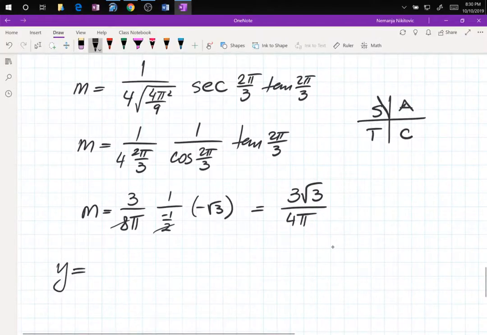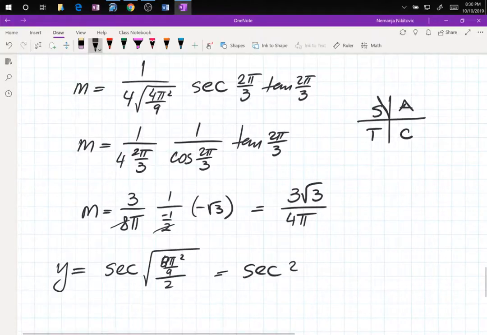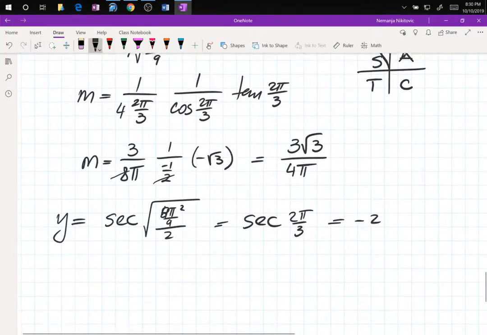So y is equal to the secant of the square root of 4 pi squared over 9 over 2, which gives us the secant of 2 pi over 3, and we already know that secant of 2 pi over 3 is equal to negative 2.